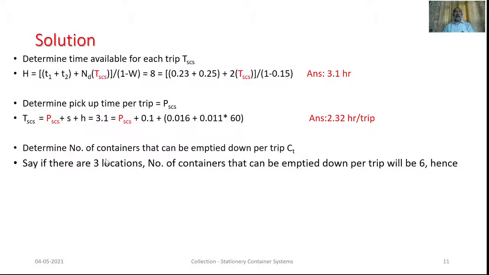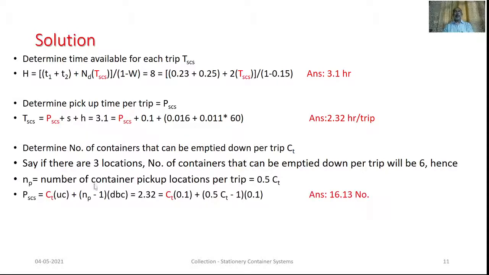Here we wish to work out now the number of containers that can be emptied per trip, which is CT. In this problem, it is mentioned that the average number of containers per location is 2. Say, for example, if there are 3 locations, the number of containers that can be emptied per trip will be 6.